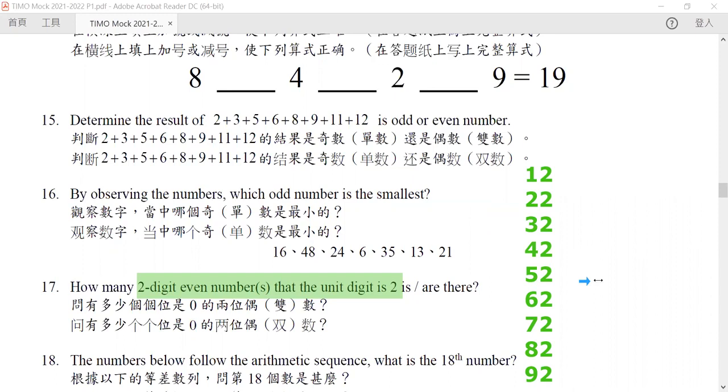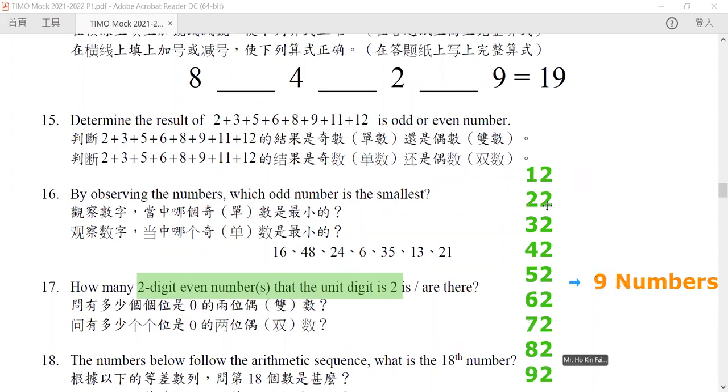Again, I would like to stress that counting is the basis of many mathematical theories, and please do not take counting lightly. Sometimes it is much easier for you to just list out all the numbers.